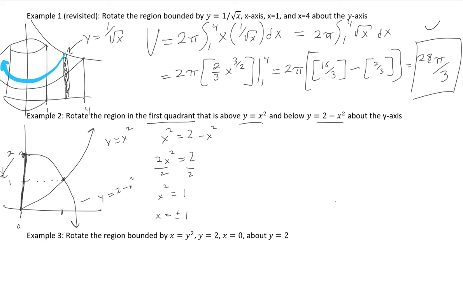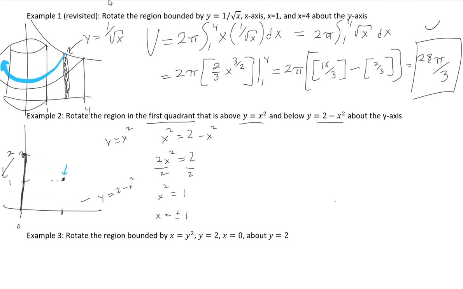Now in this case, this is one that is definitely better to do with cylindrical shells. Why? Well, if I was rotating around the y-axis and I did this with washers or disks, then I would use a disk that looks like this, and I would rotate that around. The problem with that is that once I reach that point of intersection, the disk itself will have a different function that defines its outer part. So that means I would have to set up 2 integrals.